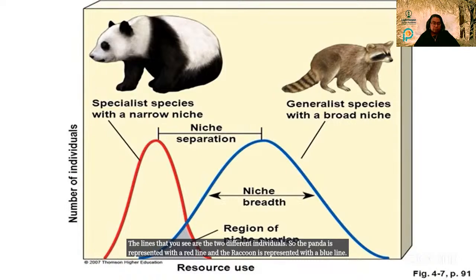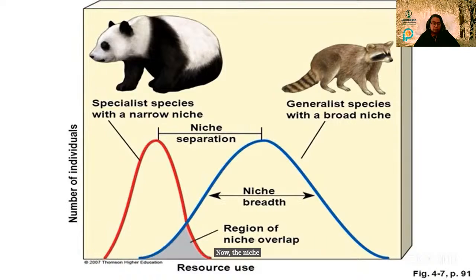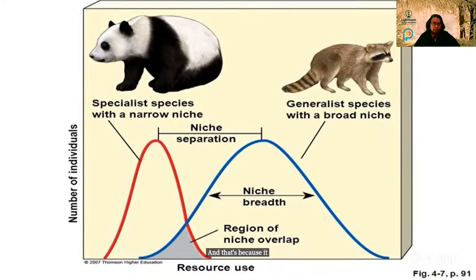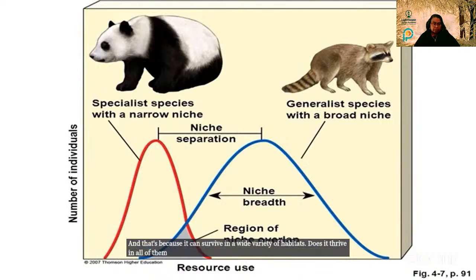Now, the niche, or the role, the different foods, all that encompassing thing, is the area underneath the curve. And you can see with the giant panda, it's very, very small because it has a very specialized niche. It's a specialized species. Compare that with the raccoon, which has a very, very broad base to its curve, and that's because it can survive in a wide variety of habitats. Does it thrive in all of them? No. Okay, we go back to ecological tolerance.